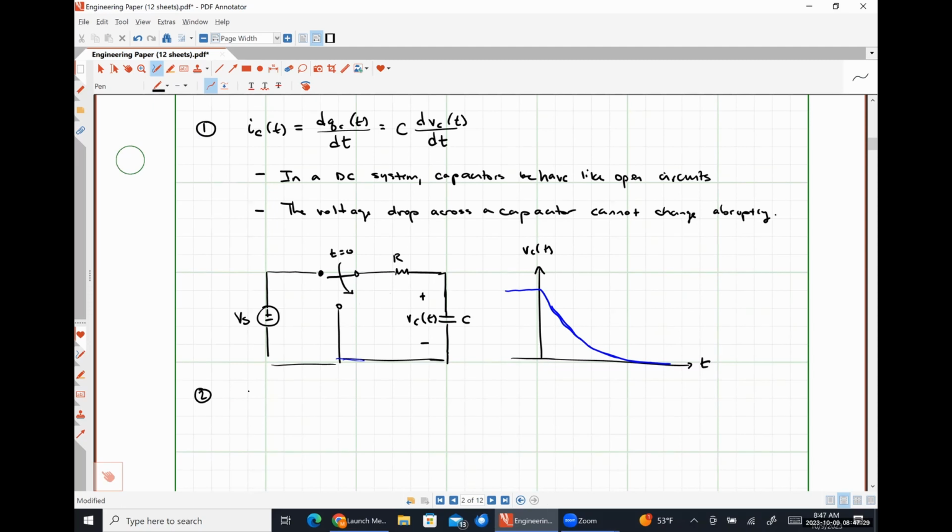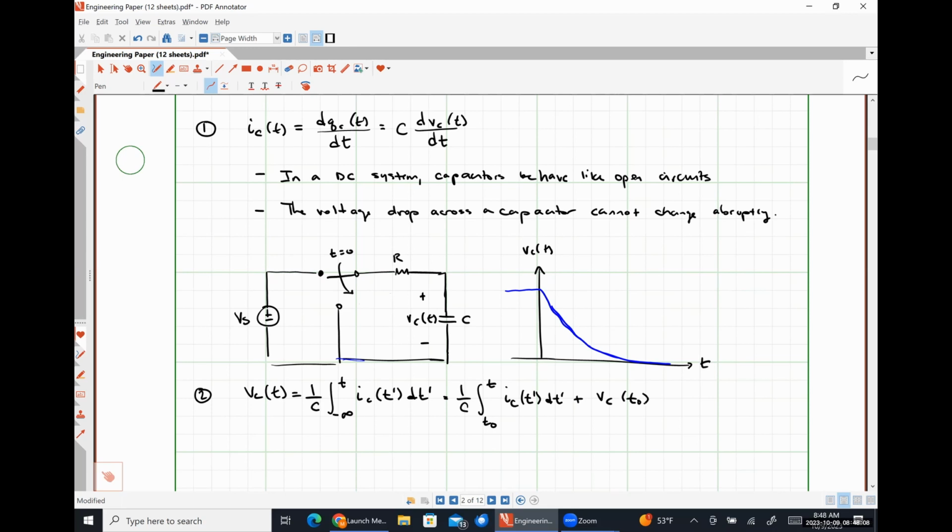In doing so, what we will find is that the voltage drop across a capacitor is equal to 1 over C times the integral from negative infinity to t of iC(t') dt', which is the same as 1 over C times the integral from t naught, some point in time at which the capacitor voltage is known, to t of iC(t') dt' plus vC(t naught).